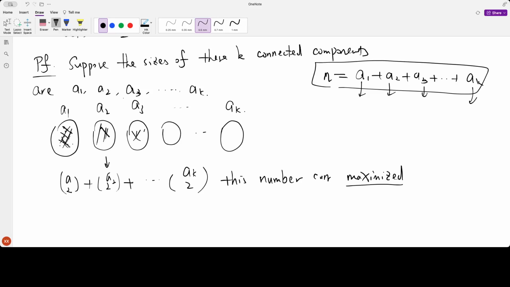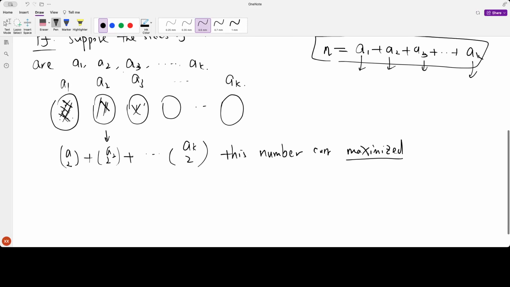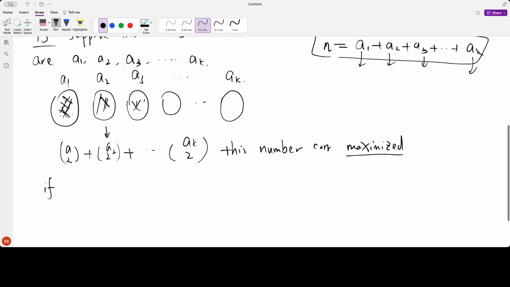Okay? So this number can be maximized if almost all of them only have one vertex. So look, A1 equals A2 equals until Ak minus 1 equals 1, and Ak equals n minus k plus 1. Okay?